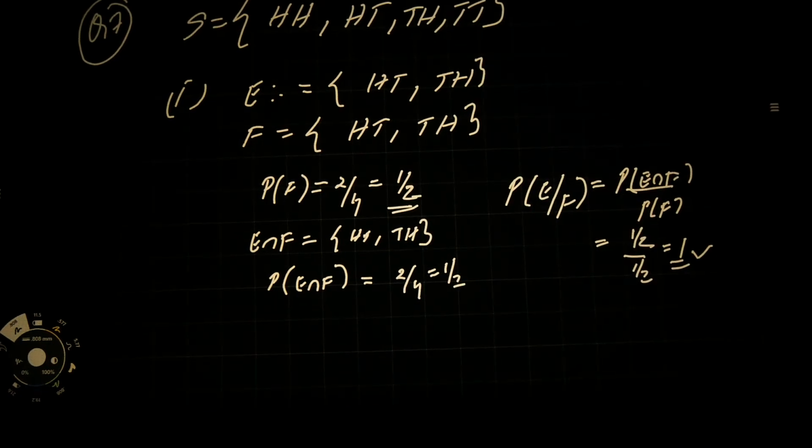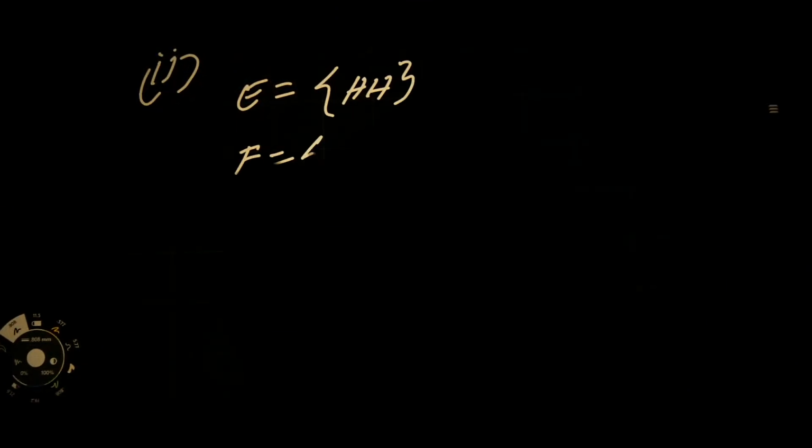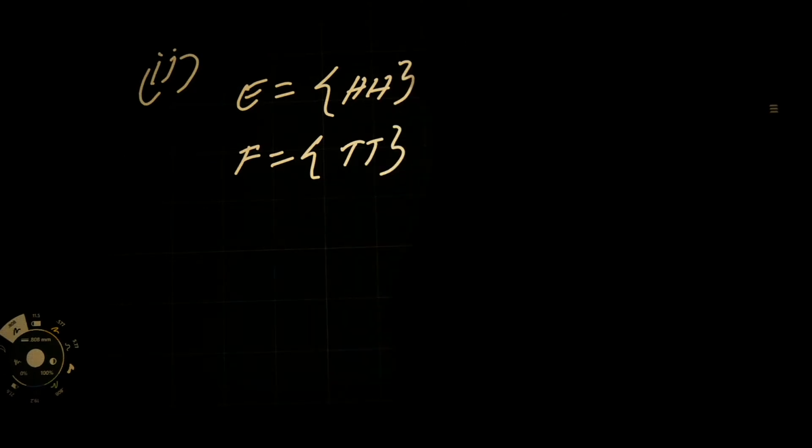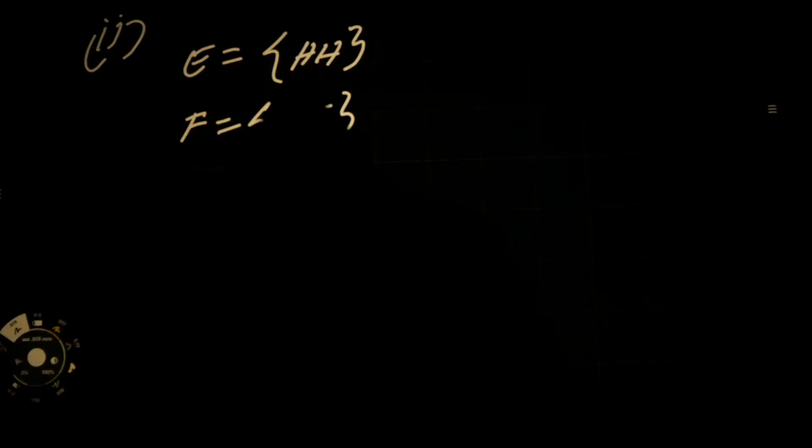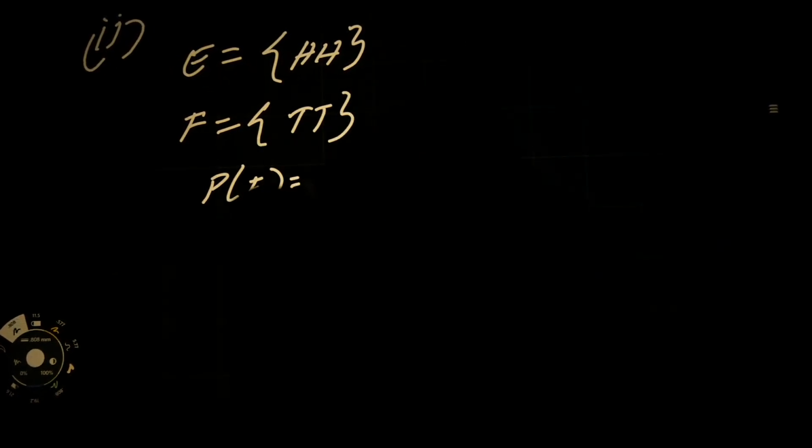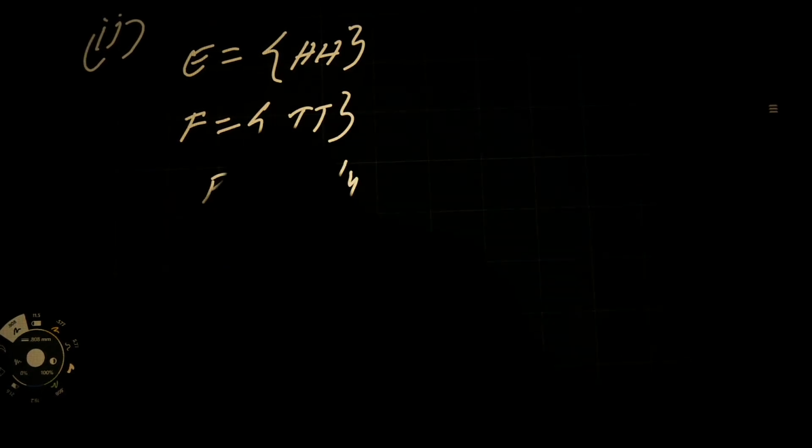Let's go to the next question. In the second question, E is a condition where no tail appears. So there is only one such possibility, which is both should be H. And F is a condition where no head appears. That is, both are tails. Alright. So what is P of F? It is 1 by 4. What is E intersection F?